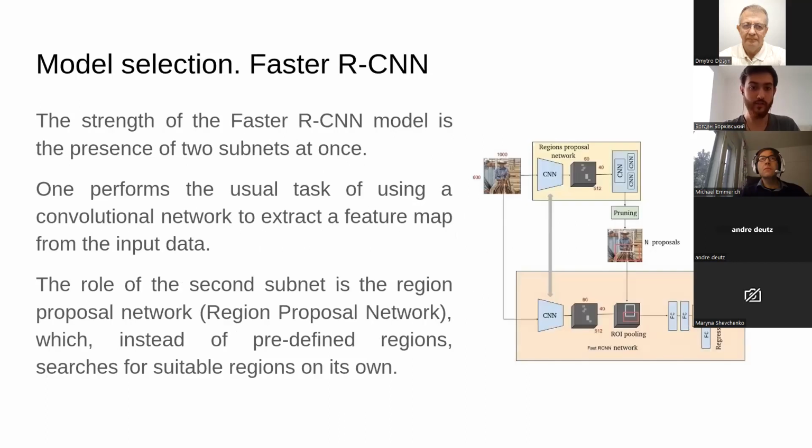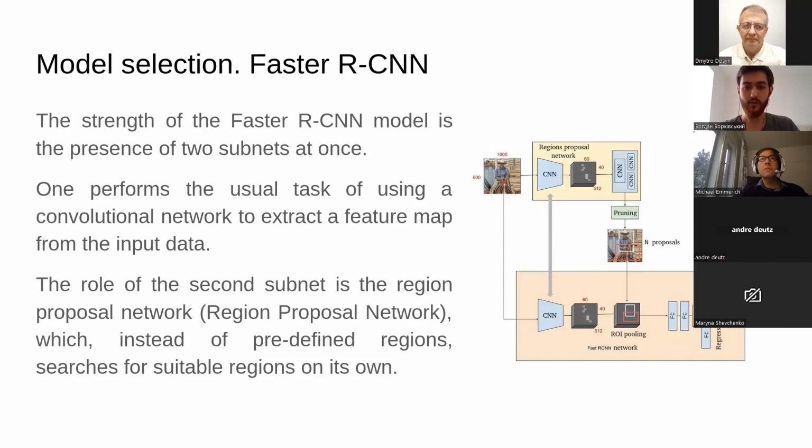And the first problem that needs to be solved is a proper object detection model selection, since it's a core of object detection systems, and based on its performance, it determines the performance of the whole system.